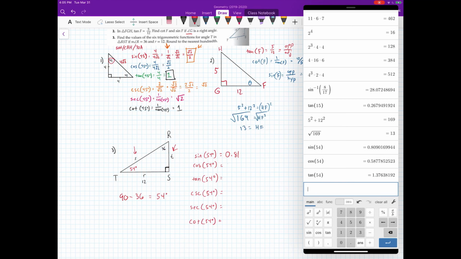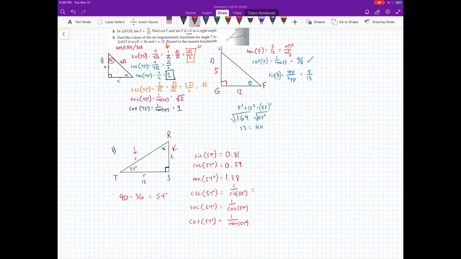0.81, 0.59, and 1.38 after rounding. All right, for the other ones, instead of using these rounded numbers, I would actually type into the calculator 1 over sine of 54 degrees, 1 over cosine of 54 degrees, and 1 over tangent of 54 degrees.